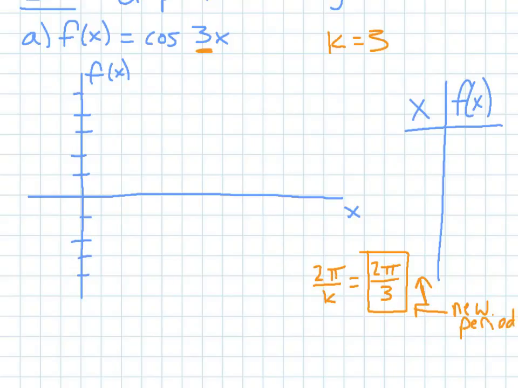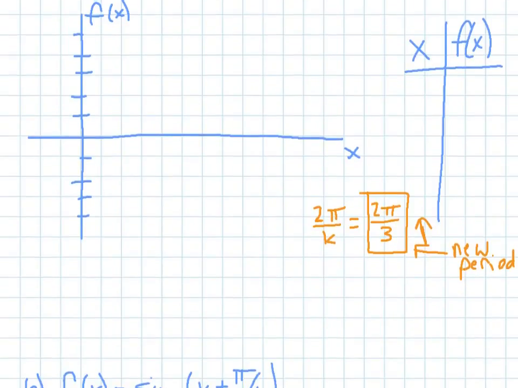Okay, so that is the length or the distance between the starting point and the next starting point. So that's the next time it starts to repeat again, because it's always going to repeat itself, but you just want to be able to graph it once. Okay.